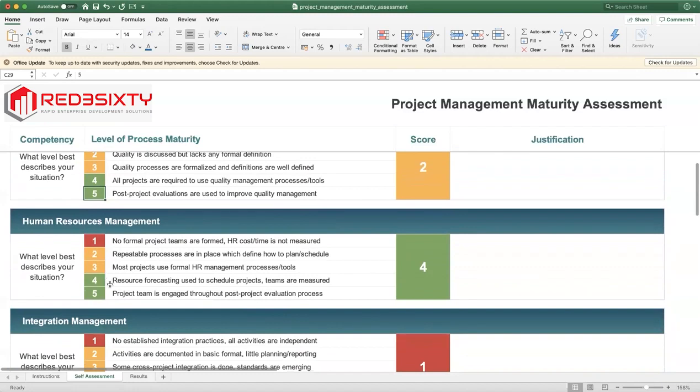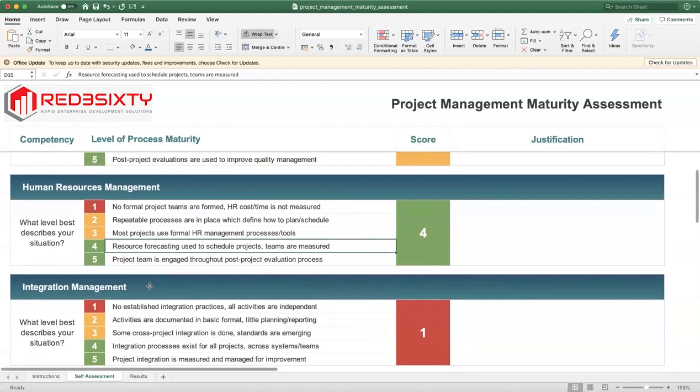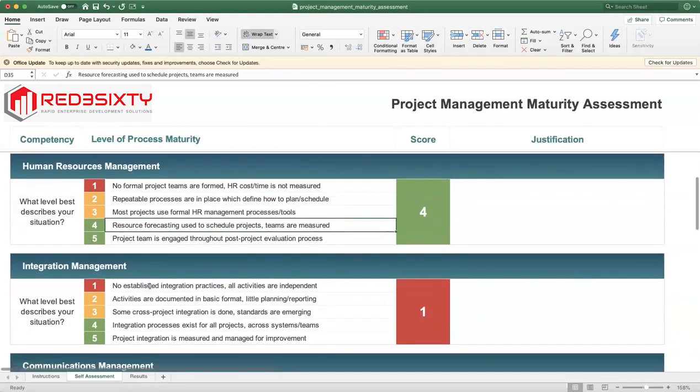Human resources, looking at the resources allocated, so whether or not no formal project teams are formed, repeatable processes are in place. Most projects use a formal HR management process. Resource forecasting used on projects. So do we know how many resources are needed for a project, and do we allocate those specific resources?